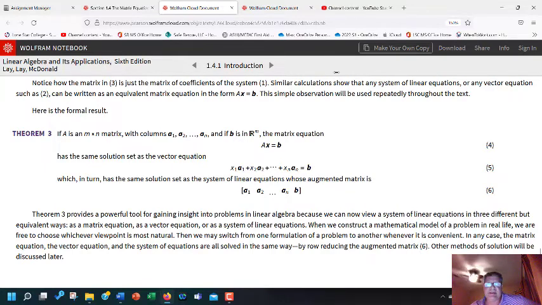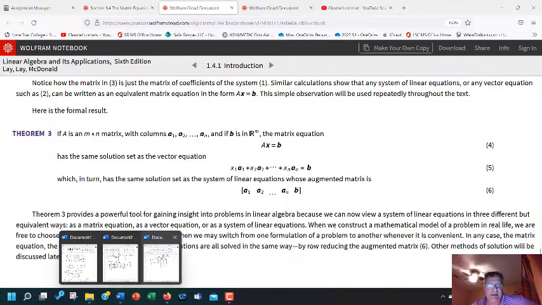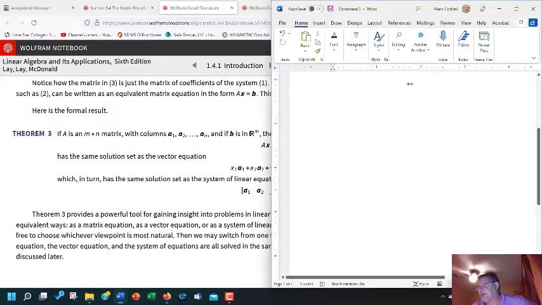What's also important is if we compare this to the augmentation, the vector b that's augmented, that brings us back to what we had originally, which was a system of equations.